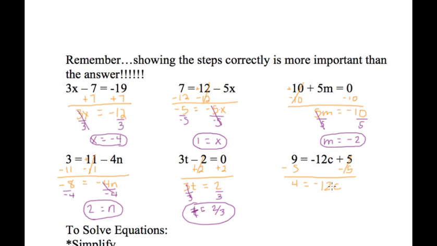Then I want to undo timesing by negative 12, so I will divide both sides by negative 12. c is equal to, now this is not negative 3, that smaller number's on top. So I have to reduce this fraction. So this is negative 1/3, or negative 0.3 repeats.